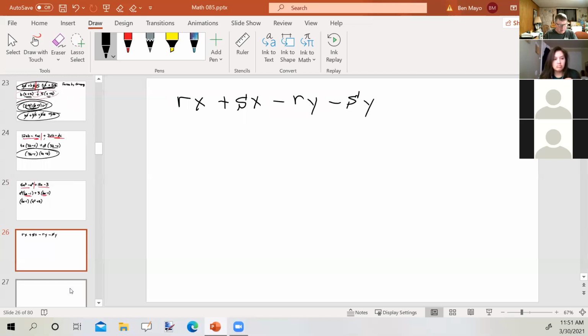It says factor by grouping. So I've got 4 terms. I don't see anything common to all 4 terms except just a 1. So again, I'm going to split it up into 2 groups of 2. The greatest common factor of these first 2 terms would be x, and the leftovers would be r plus s.